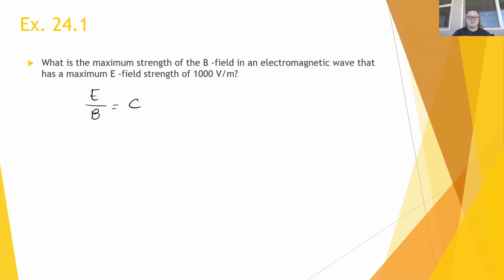Yes, that's what we just said. So we can rewrite this as B is equal to E divided by c. Not too bad. So we'll have our E field strength.